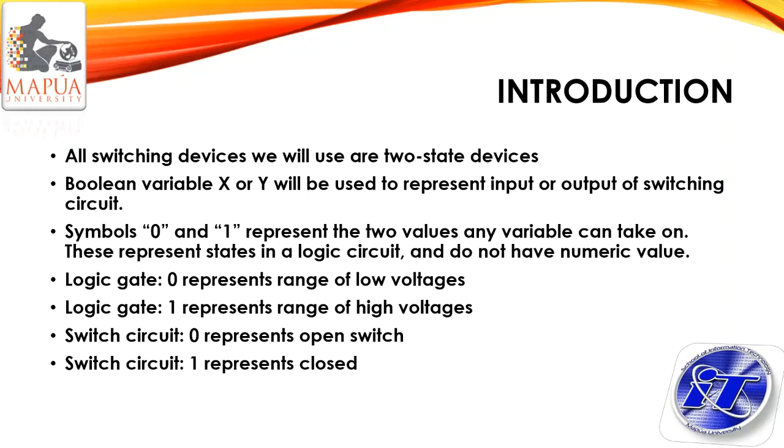Usually, we use 0 and 1 to represent the two states. They have no numerical value; 0 and 1 just represent the two states. For example, in a logic gate, 0 represents a low voltage, while 1 represents a high voltage. In a switching circuit, 0 represents an open switch, while 1 represents a closed switch.